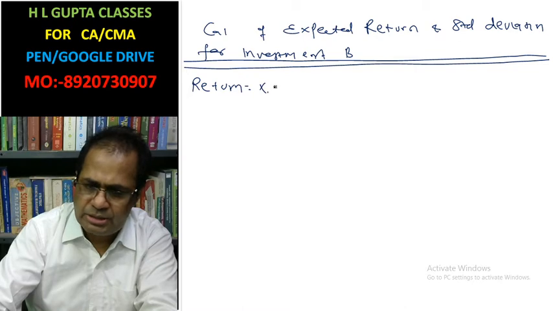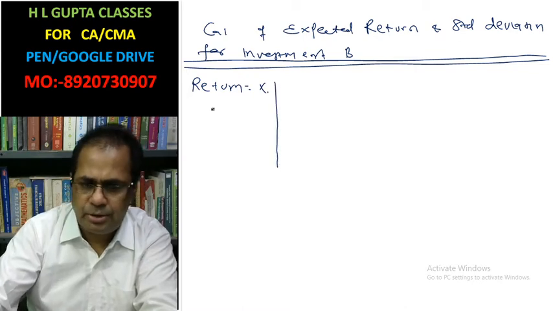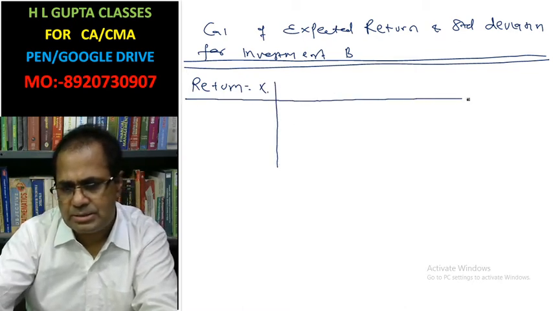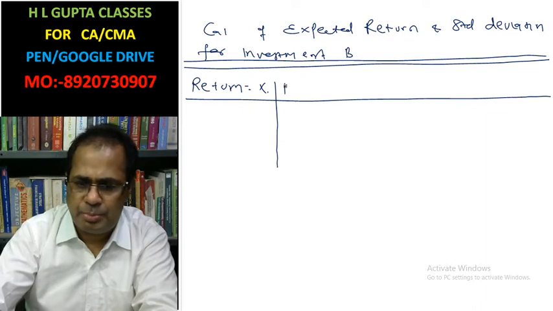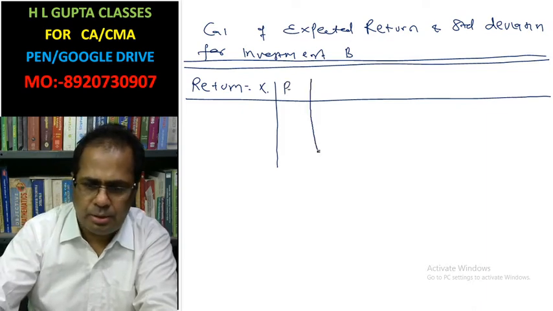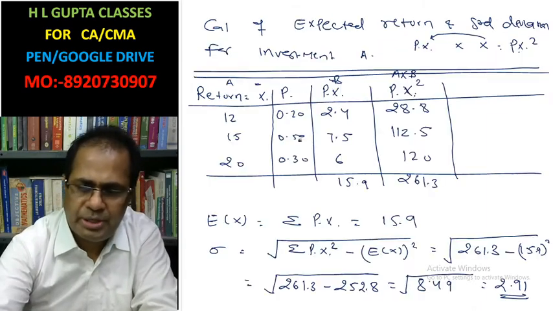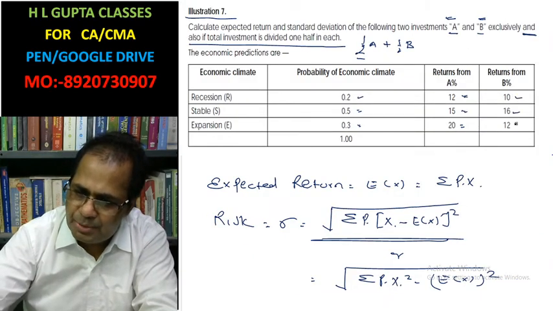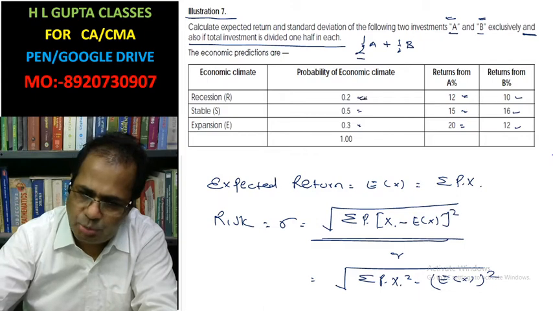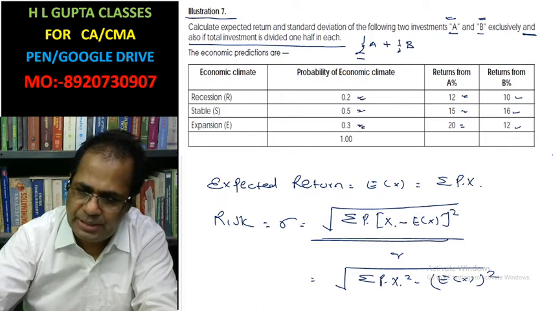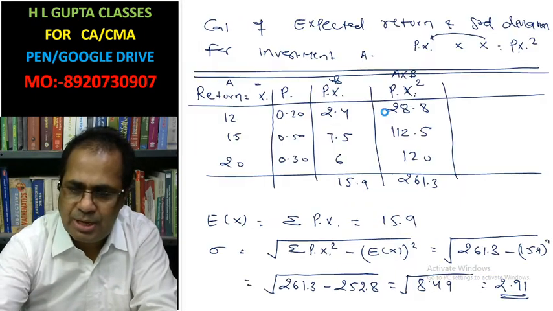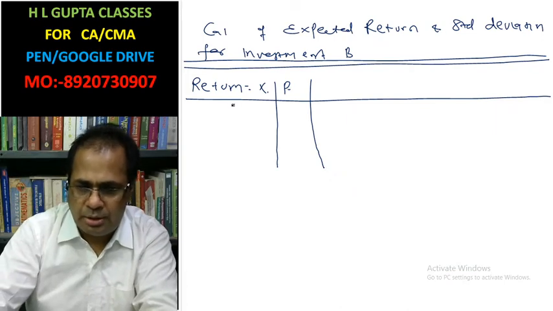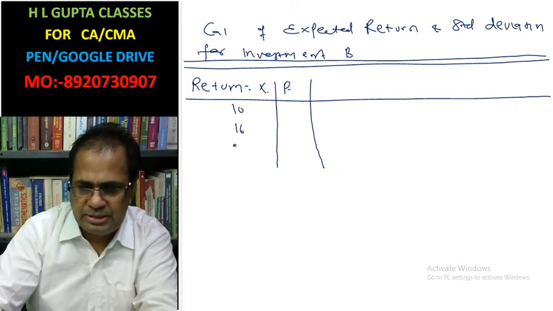Return is represented by X and this is your Pi. Now what is the return of B? You have B return of 10%, 16%, 12%, and probability is 0.2, 0.5, 0.3.